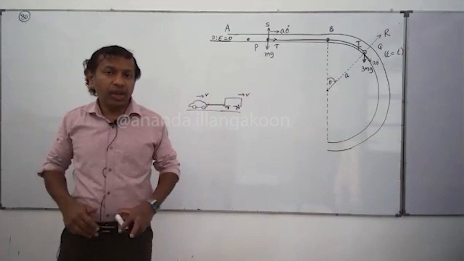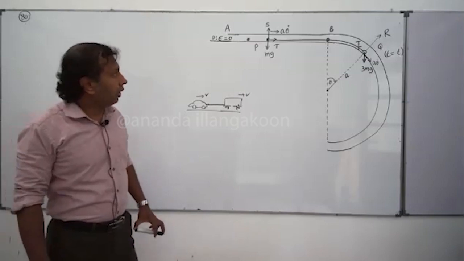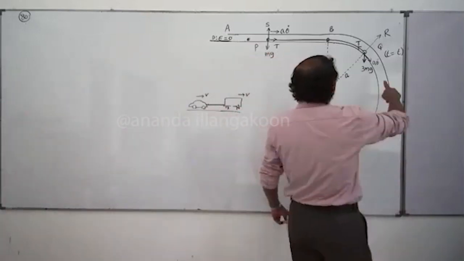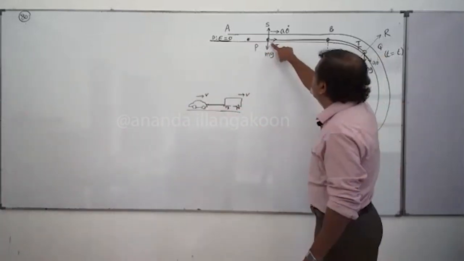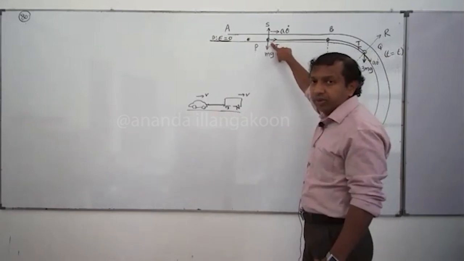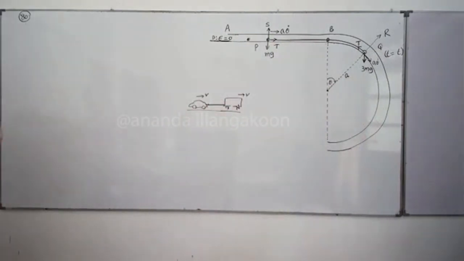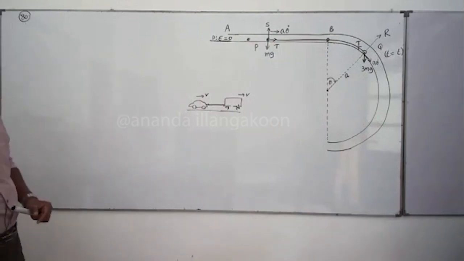That means at the ends of the string, the velocities must be equal. Like that, when this is moving with velocity a theta dot, this end should move with the same velocity a theta dot. Now we can apply conservation of mechanical energy, and we can obtain the first answer.